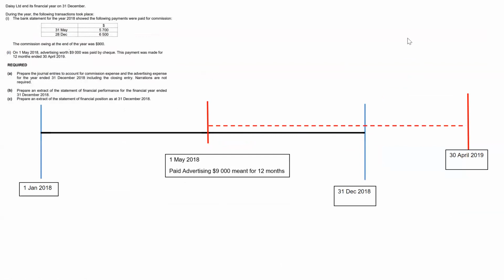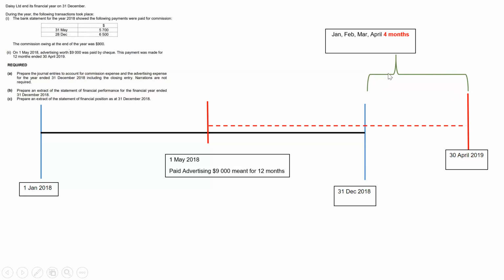But the problem is our business year ends on 31st December, which is the blue line over here. So what's going on here is that by the end of the accounting year, we would have made extra payment for my advertising. Then we need to start calculating how many months of advertising we have prepaid.